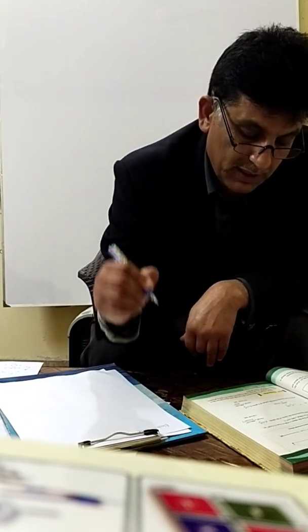Next is electric flux. Electric flux is the number of field lines passing through an area inside an electric field.